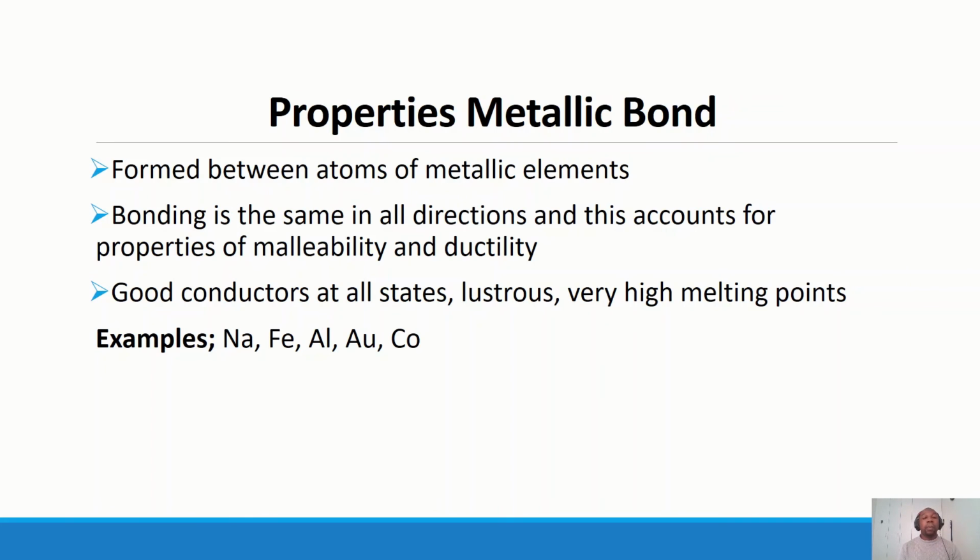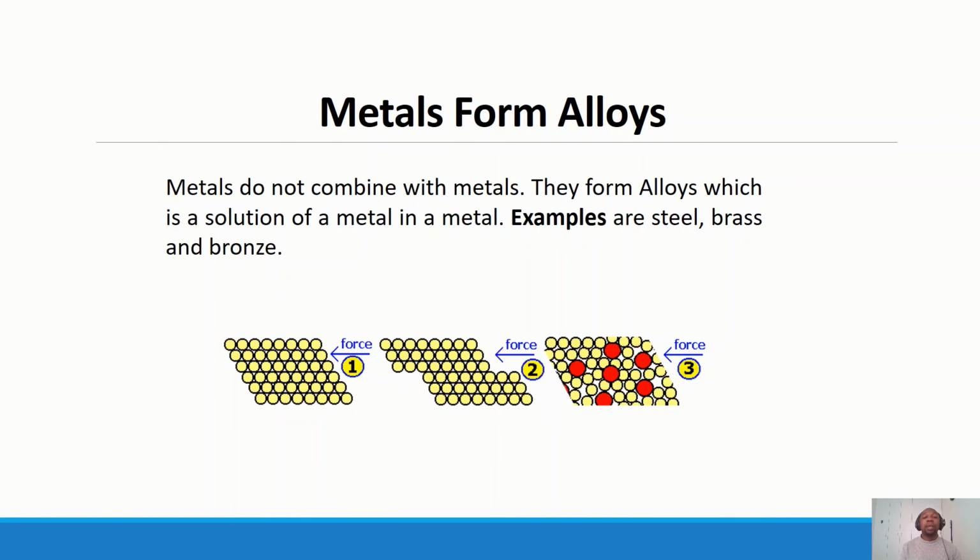Examples are sodium, iron, aluminium, and so on. Metals form alloys. So they can form alloys, which is a solution of a metal in a metal. Examples are steel, brass, and bronze.